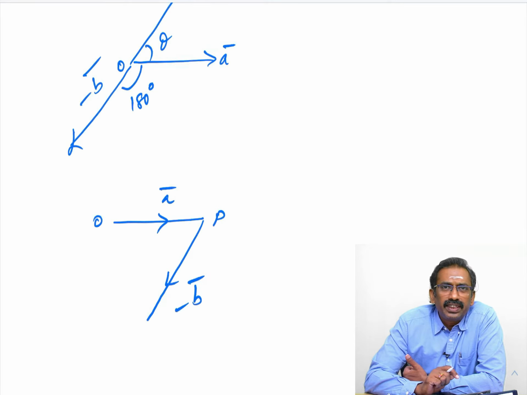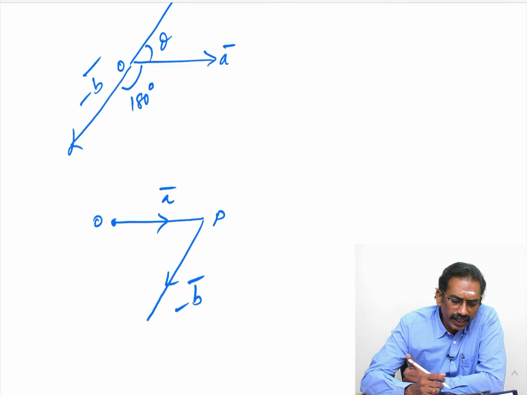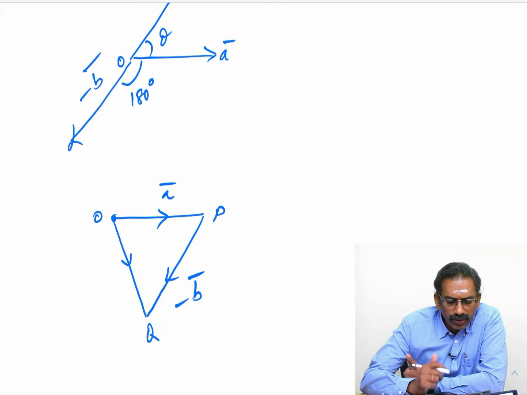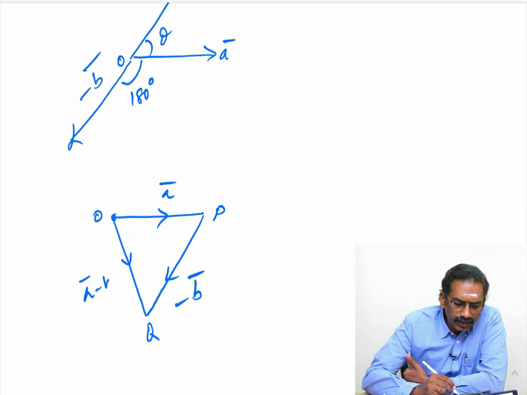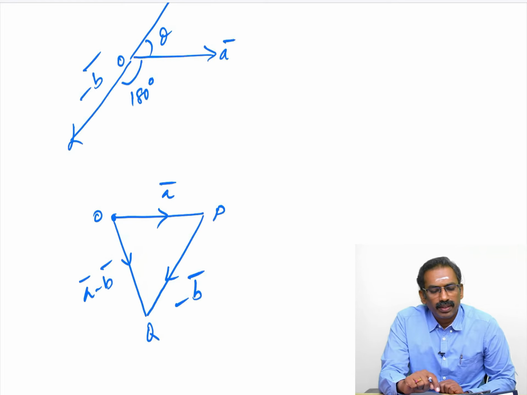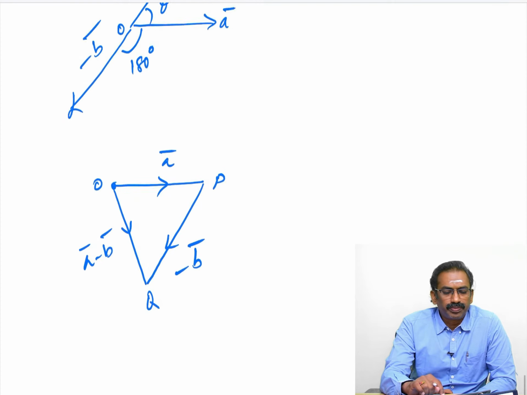To find the resultant of a vector minus b vector, draw a vector from tail of first vector to head of minus b vector. OQ gives a vector minus b vector magnitude. So subtraction also can be done the same way that of addition.